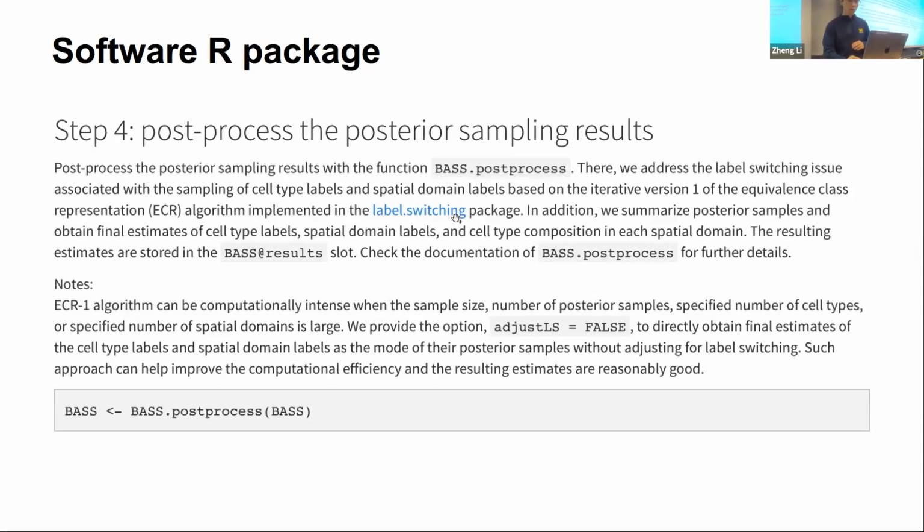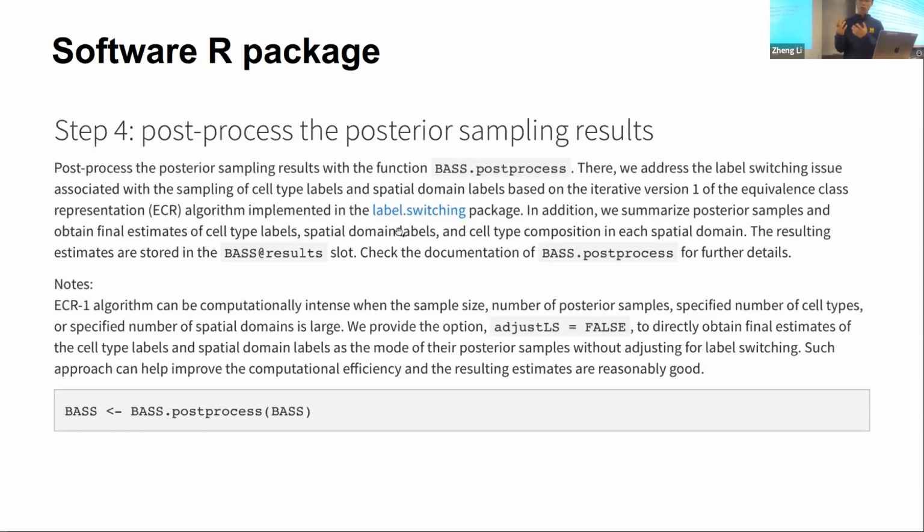One is called label switching, because for example, if you label cell type A to be 1 and cell type B to be 2, it's essentially the same as labeling cell type A to be 2 and cell type B to be 1. So they essentially have the same posterior probability in the distribution, and when you sample them, they can form either of those posterior modes.